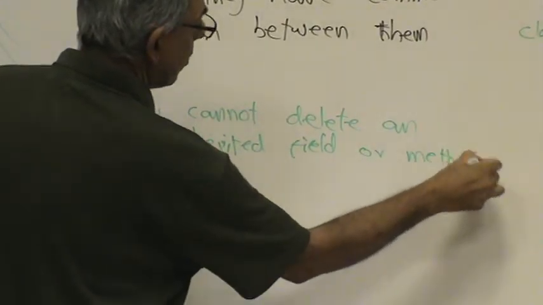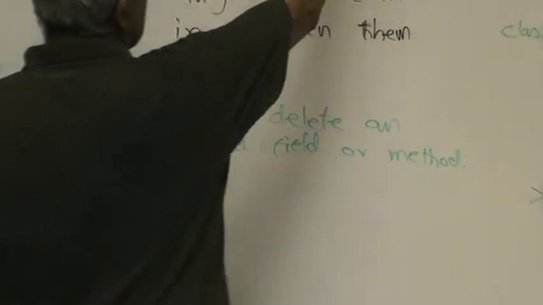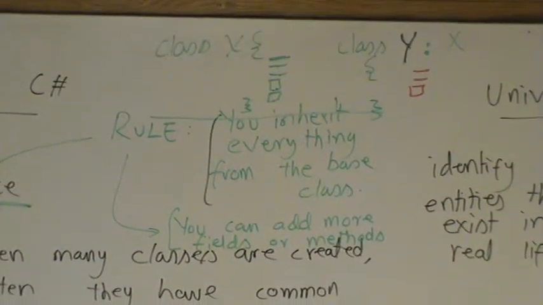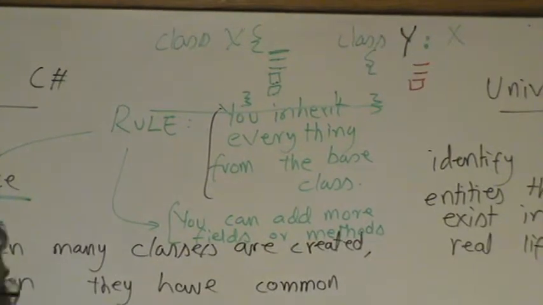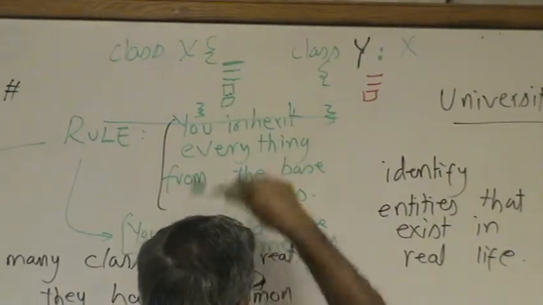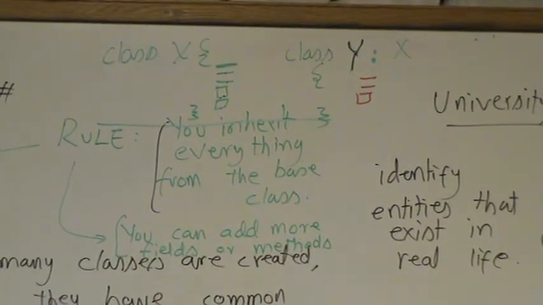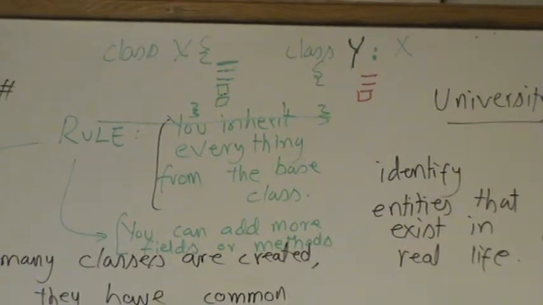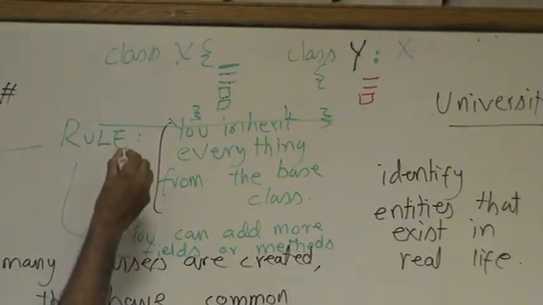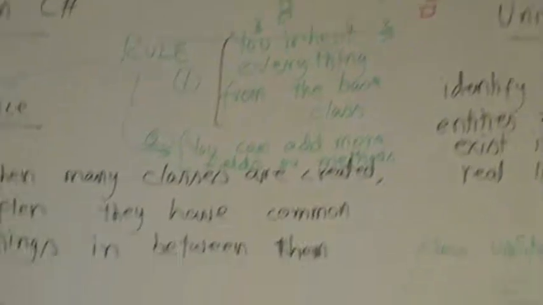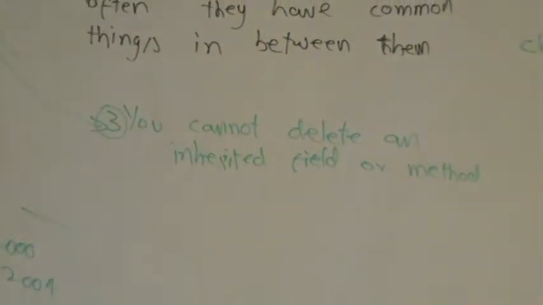Okay, so for example, let's say you don't want the top field over here for whatever reason, okay? If you inherited from here, you will always get this. There's no way you can remove it, okay? So because of these 3 rules of inheritance, you inherit everything, you can add more things, you cannot delete anything that you are inheriting from, okay?